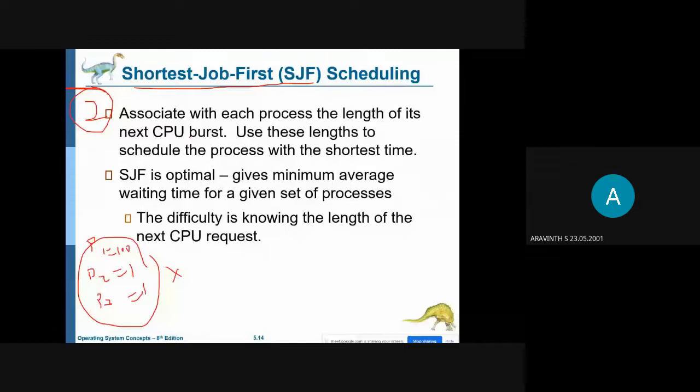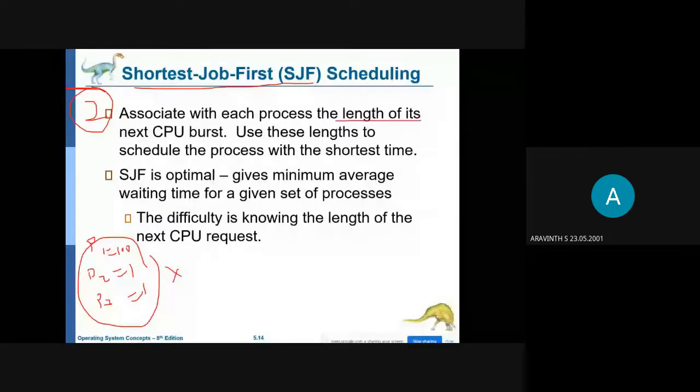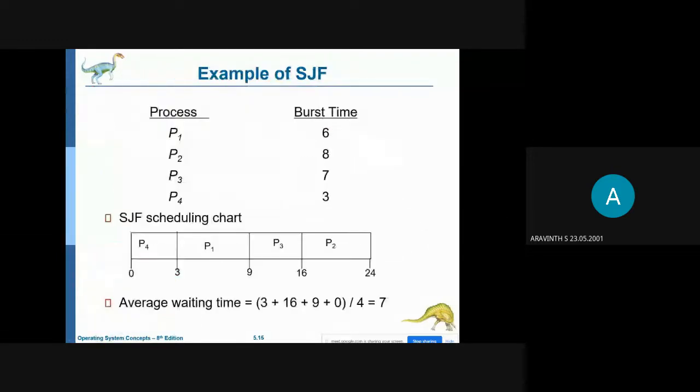The system will search for the length of the next burst time. It checks the length of each process, and the shorter one gets to run on the CPU. Okay, we'll see an example.